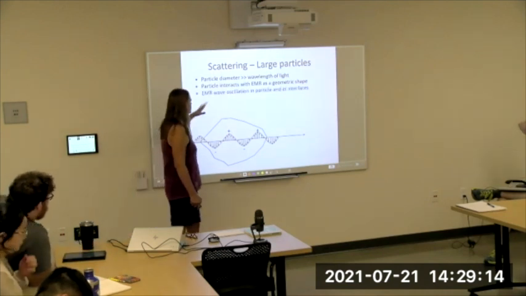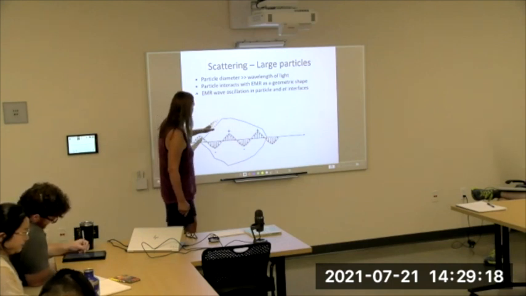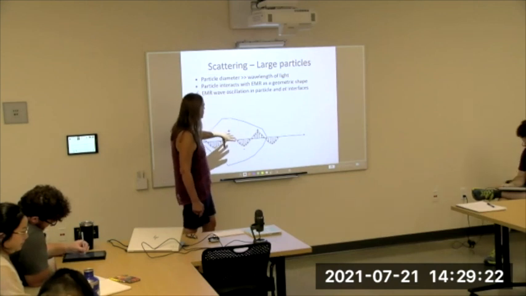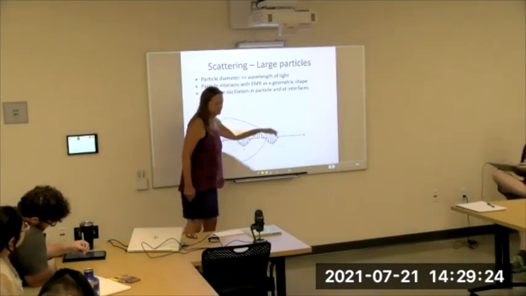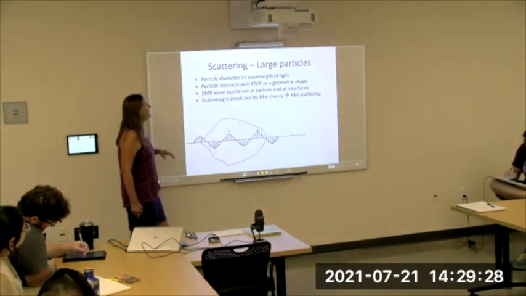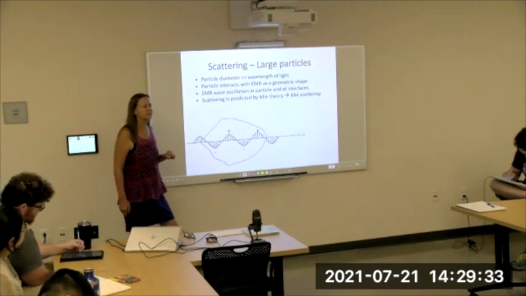And so you get interactions at the surface, across the interface, and within the particle if it's not uniform, and it turns out you get interactions around it. So you will hear people say, oh, it's a Mie scatterer, or it's Mie scattering.